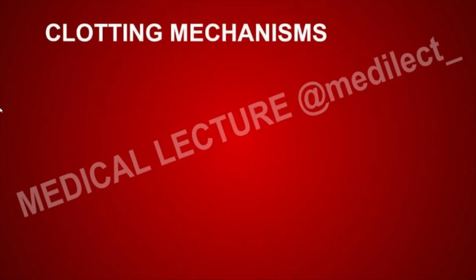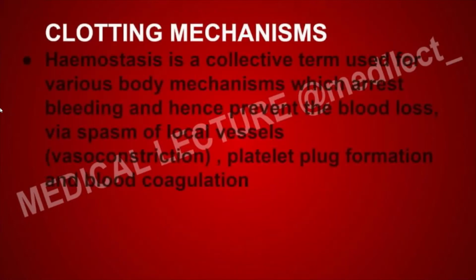Now, next is the clotting mechanism. Hemostasis is a collective term used for various body mechanisms which arrest bleeding and hence prevent blood loss via spasm of the local vessels, which causes vasoconstriction, platelet plug formation, and also blood coagulation.